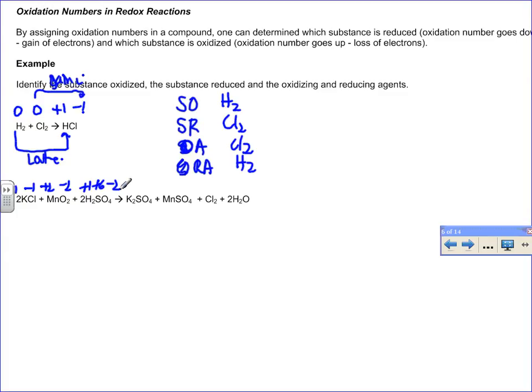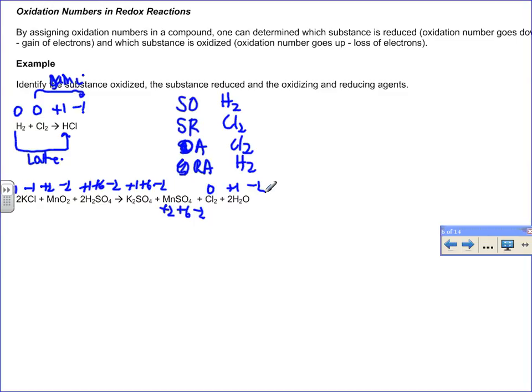So chlorine is +1, potassium is +1, chlorine is -1. So you're systematically going through, doing the steps that you did on the previous example. I'm going to put some down below here. So you have to go through and determine the oxidation numbers of every single element in the reaction.